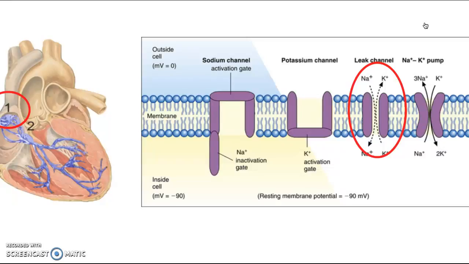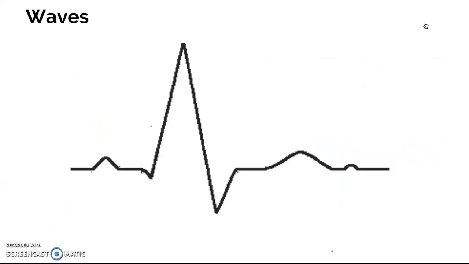They contain more of these channels than the AV node, and for this reason, the cells near the base of the heart depolarize faster, causing the rate of electrical impulses to be more frequent. These electrical impulses are what make the cardiac muscles contract, which effectively pushes blood into the next chamber or blood vessel. So the electrical activity generated by the SA node is what is monitored on an electrocardiogram.